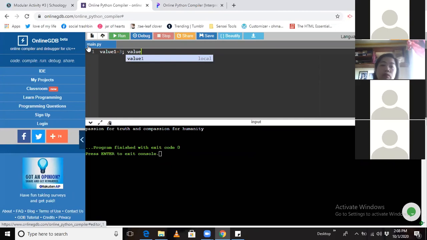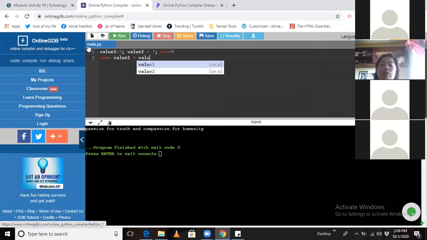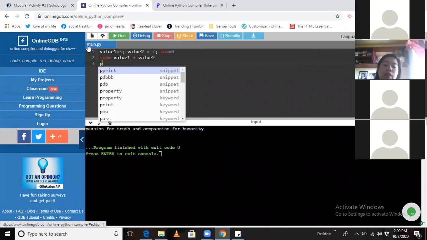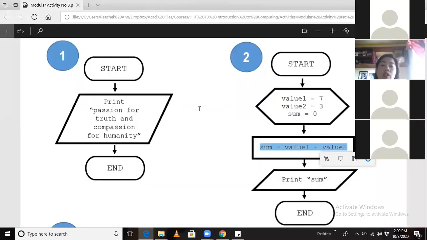Value 2 gets 7. Then we have sum gets 0. Sum gets value 1 plus value 2. And then print, ano sa may instruction niya? Print sum. Ganun lang. Anong piprint natin dito? Sum, ma'am.